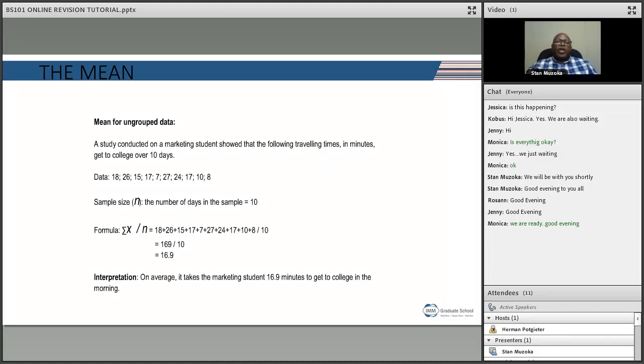We also get dispersion measures. These will be your range, interquartile range, variance, standard deviation, coefficient of variation, and measures of skewness, which will then determine and tell us how the data behaves around the measure of central tendency, or measure of location.